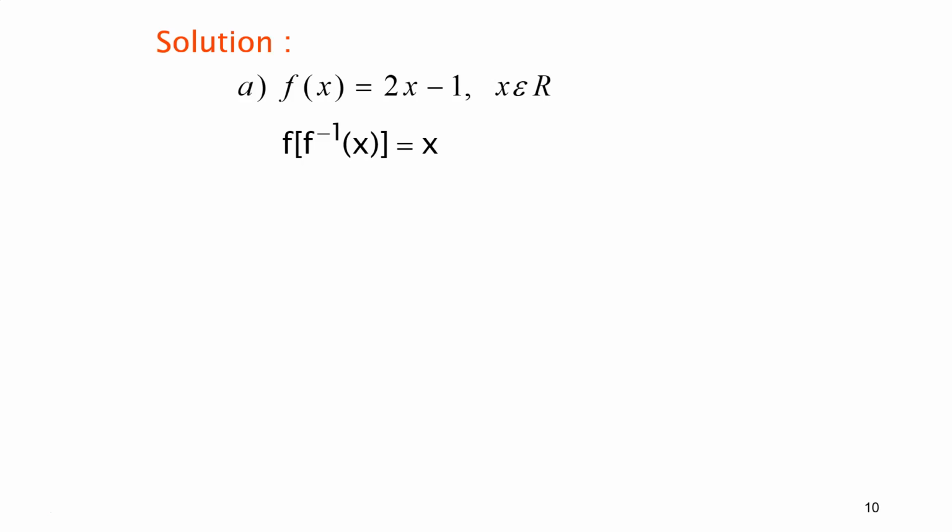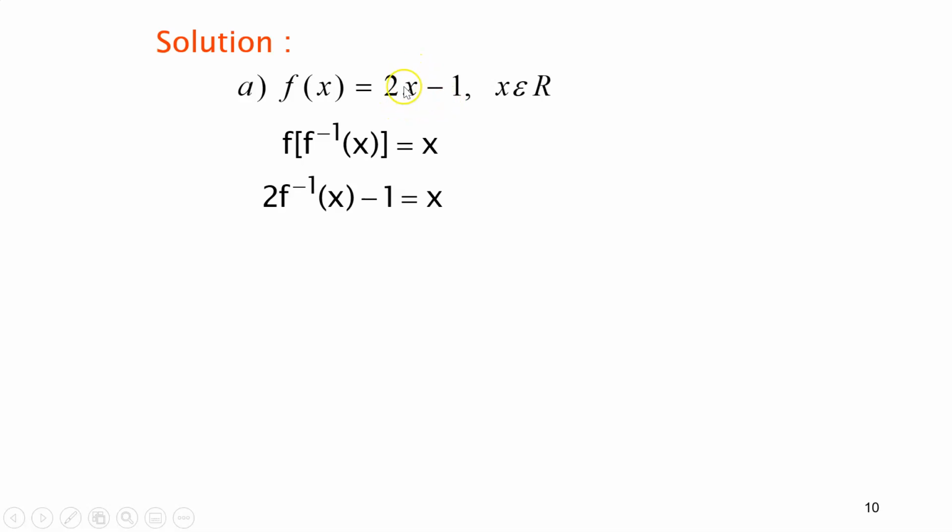For a, we are going to use a formula there: f of f inverse equals x. So we're going to substitute the inverse function into x in f. Originally you have 2x minus 1.